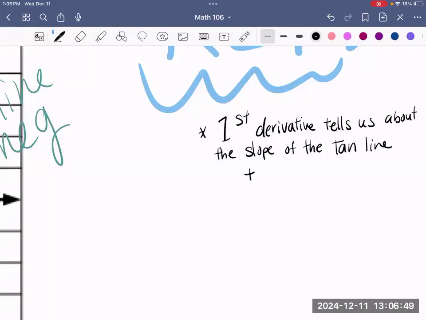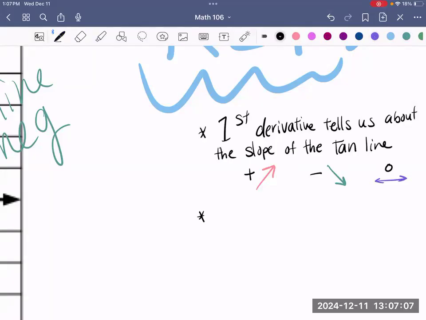If it's positive, we're increasing. If it's negative, we're decreasing. Here, I'll redo it. If it's positive, we're increasing. If it's negative, we're decreasing. And if it's at 0, we're nice and flat.